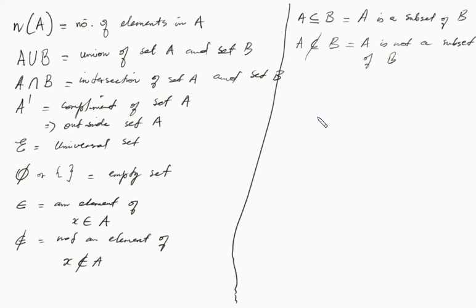So let me show you what it means to say subset: one set contained in or equal to another set. Set A is contained in or equal to set B.